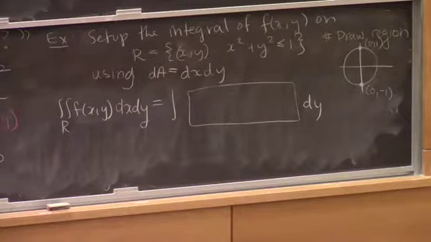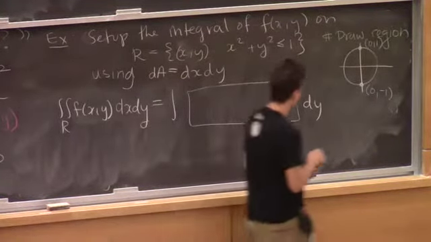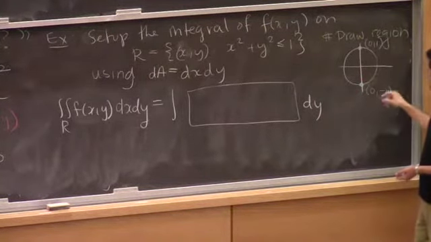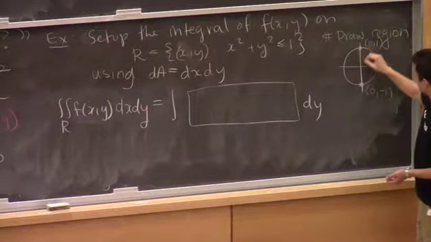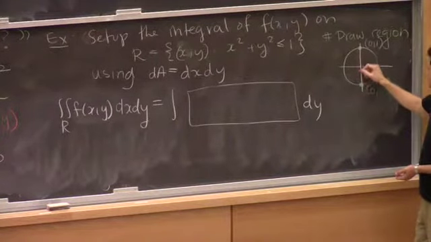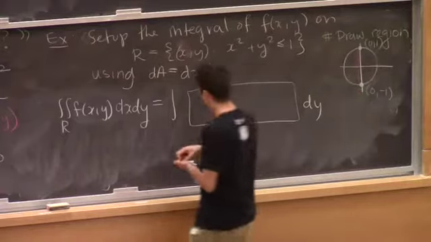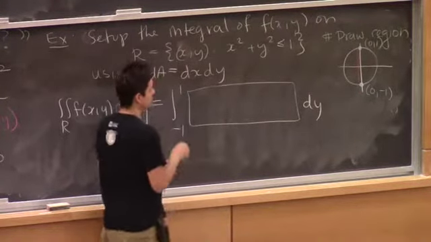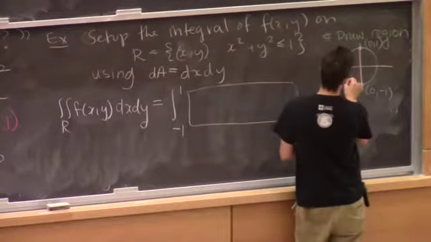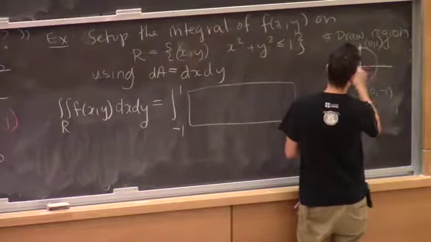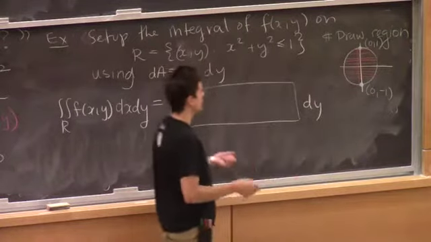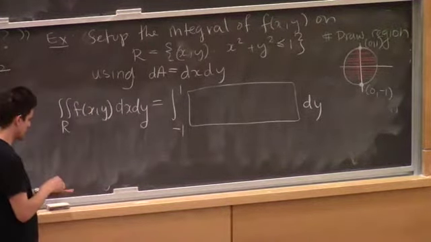Okay, so we're going in the y direction first. So y is traveling from -1, and we're cutting along slices in the y direction first, and we go from -1 to 1. And now we want to see how far those slices go across. What are the left and right endpoints of these guys?